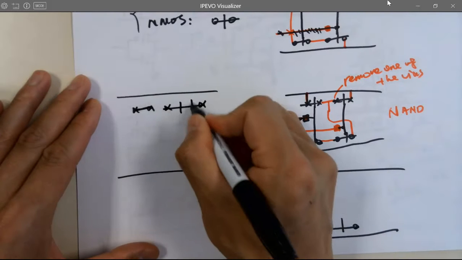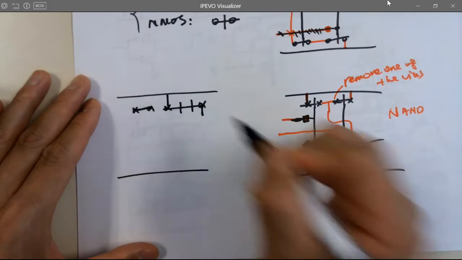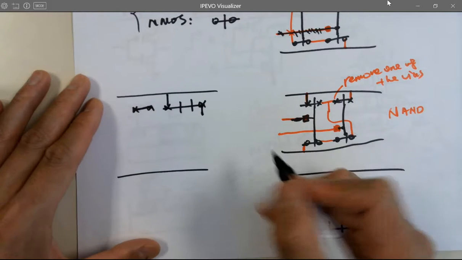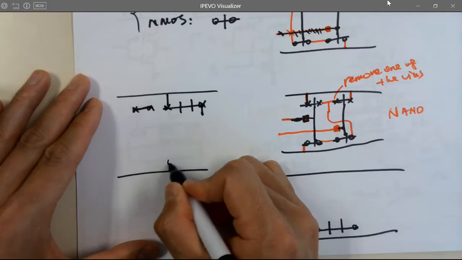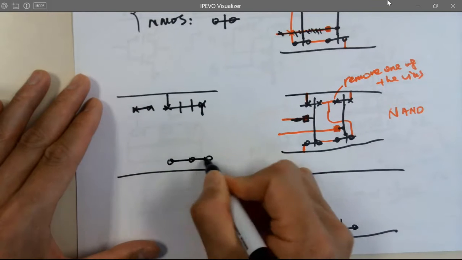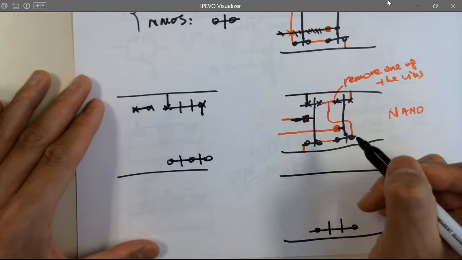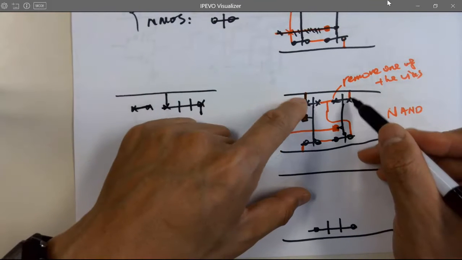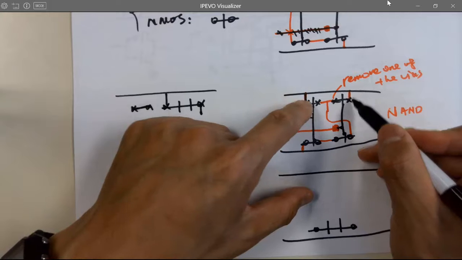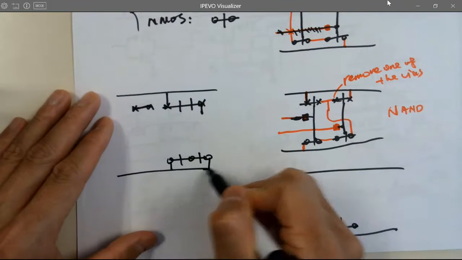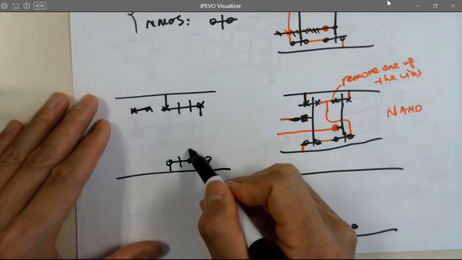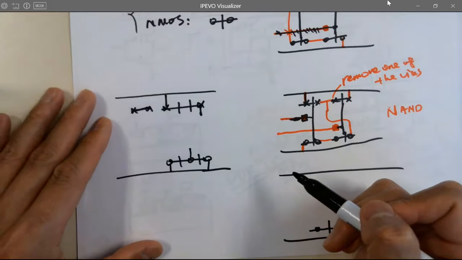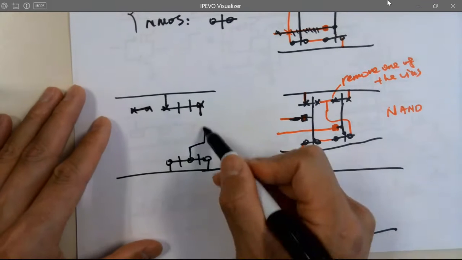We only need one. Remember, the better version of the parallel transistor is introducing two wires on the two sides. And here's the middle one. Right, it has to be shorted to here.